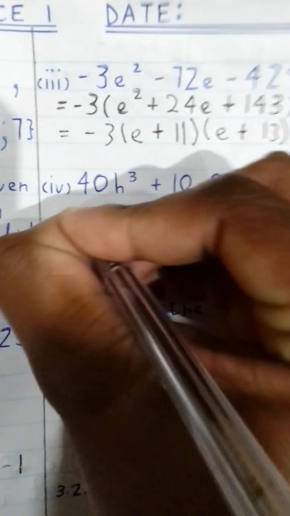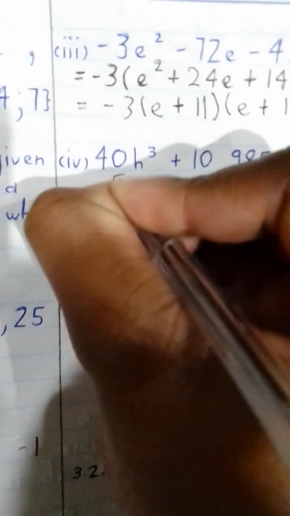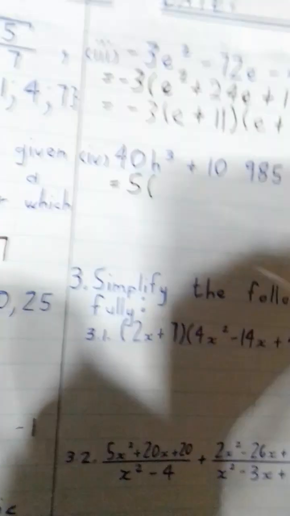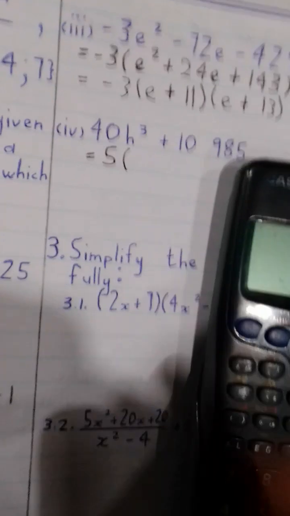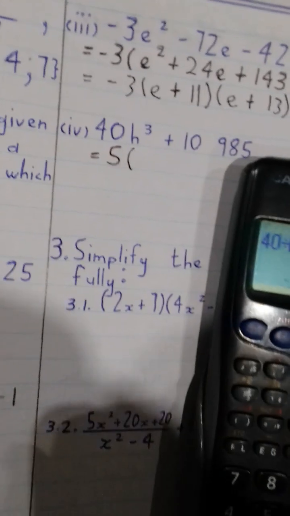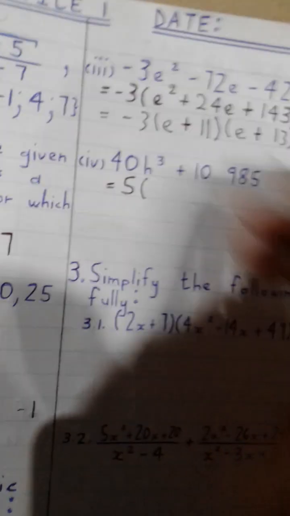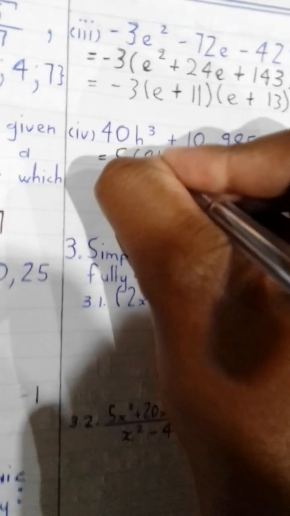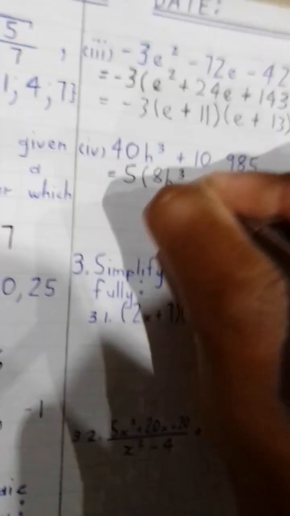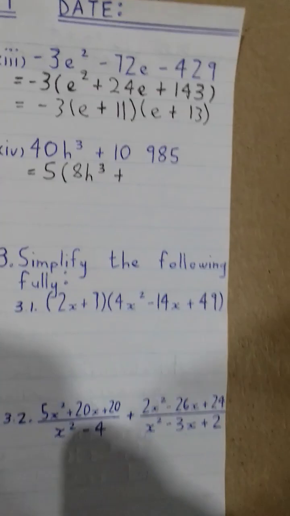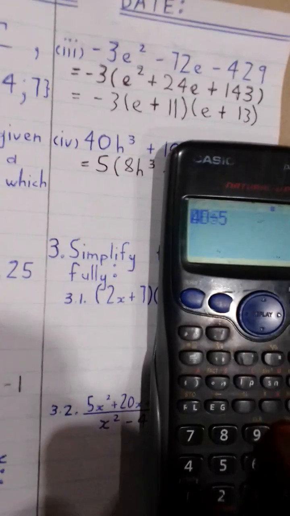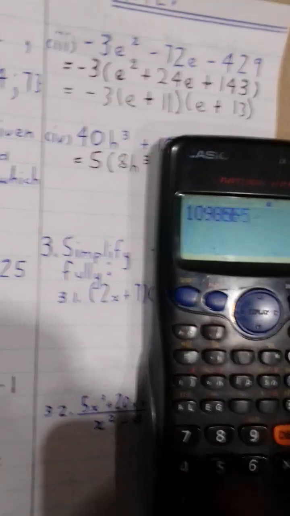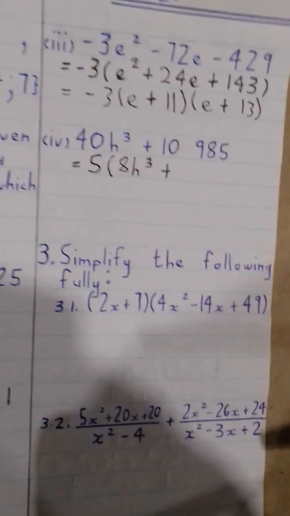So this is going to be 5 times 40h cubed divided by 5, 8h cubed, plus 10,985 divided by 5, 2,197.